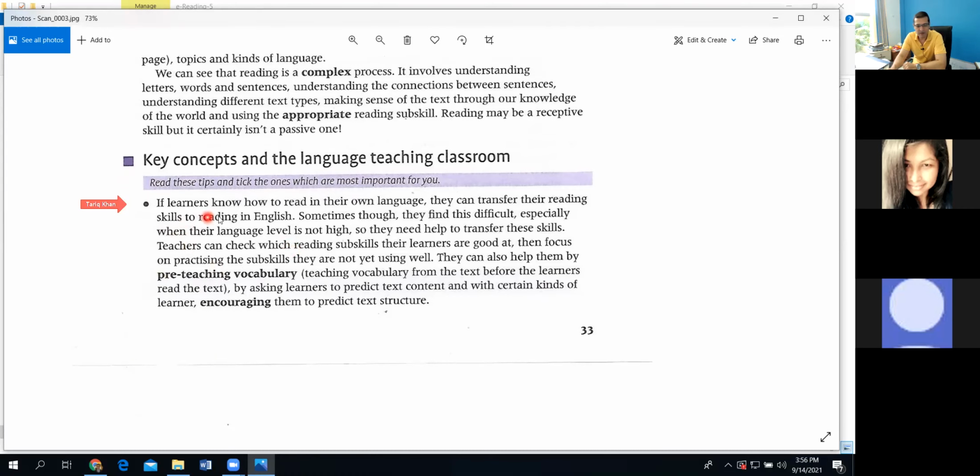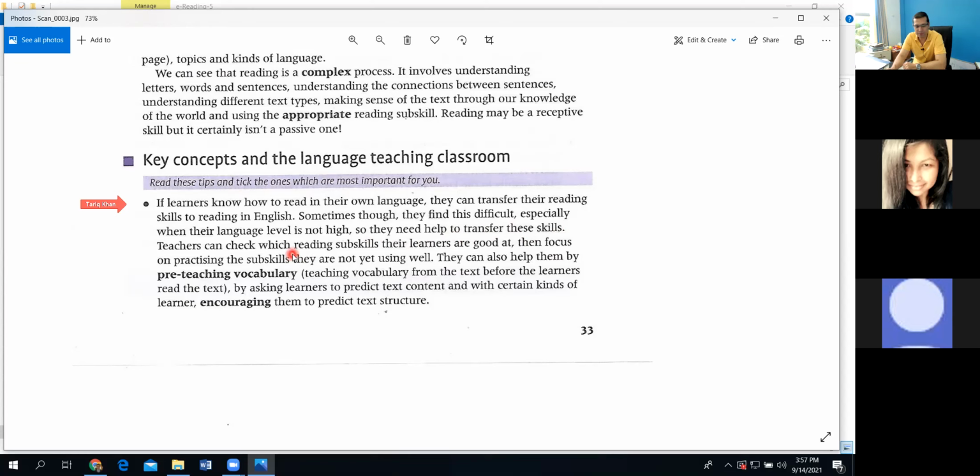First one, they say if learners know how to read in their own language, they can transfer their reading skills to reading in English. Sometimes, though, they find this difficult, especially when their language level is not high. So they need help to transfer these skills.